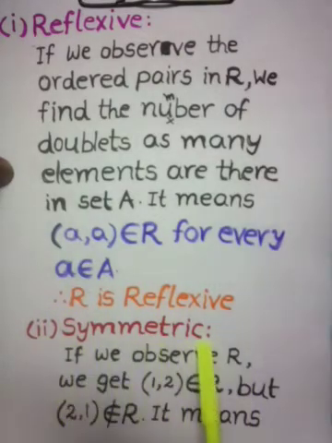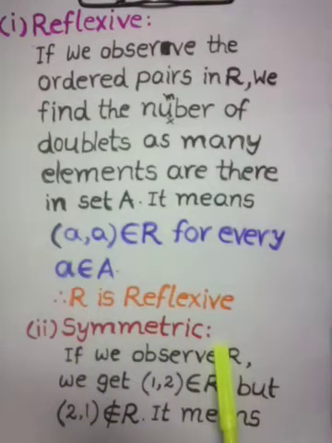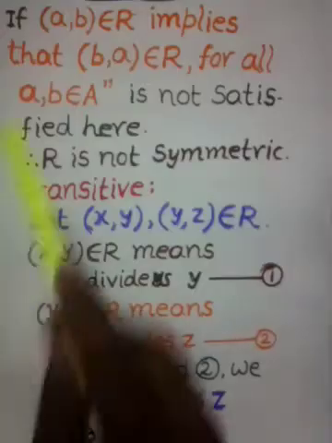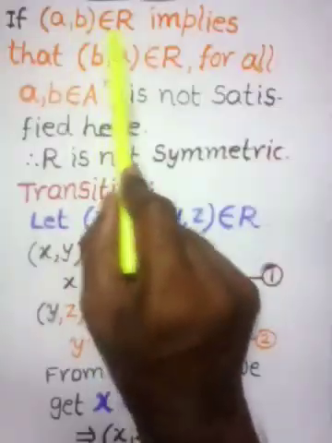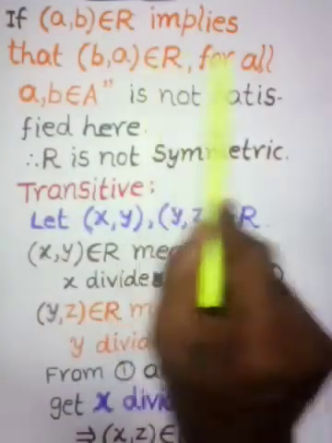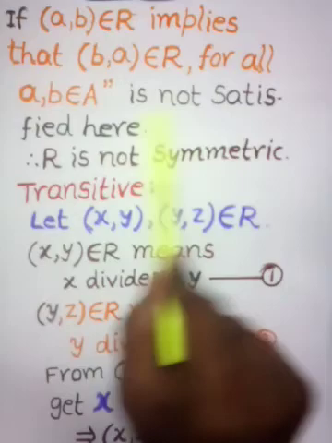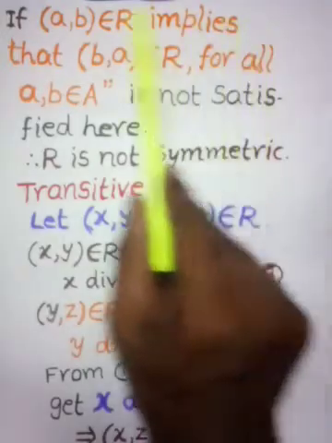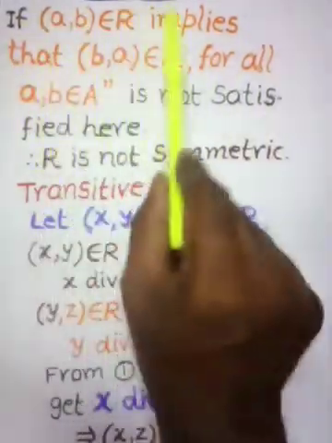Now go to the next relation, that is the symmetric relation. If you observe the given relation R, there is an ordered pair (1, 2) belongs to R, but its reverse, the ordered pair (2, 1), does not belong to R. The condition that if (a, b) belongs to R implies (b, a) belongs to R is not satisfied by the given relation R. This is the condition for a symmetric relation.